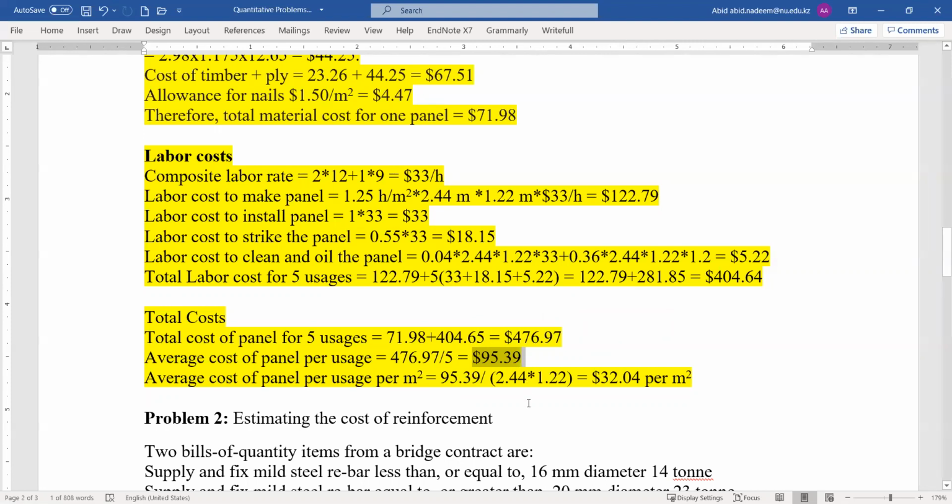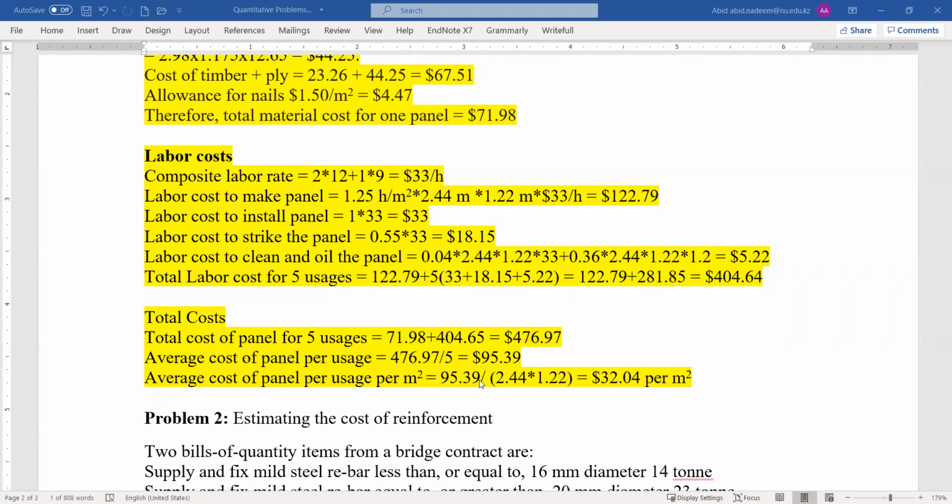Or in another case, if a contractor wants to bid for some construction job which needs formwork operations, this type of calculation can be performed by the contractor to include these values in their cost estimates.